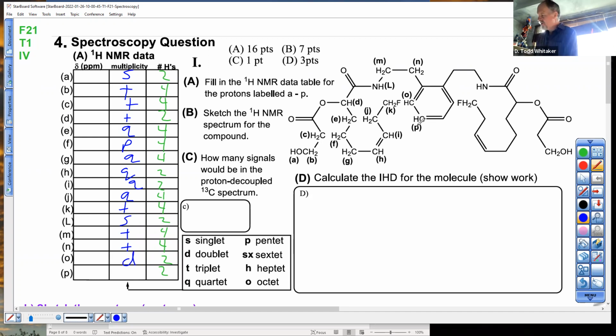P, tricky story here. These P's are identical. They're twins.